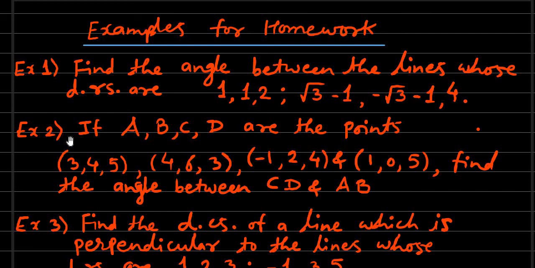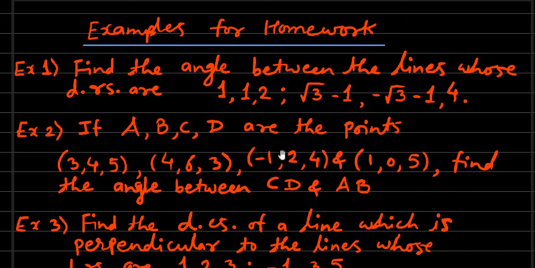Next, the second example is: if A, B, C, D are the points, A is 3, 4, 5, B is 4, 6, 3, C is minus 1, 2, 4 and D is 1, 0, 5, then find the angle between lines CD and AB. Now here CD is the line which joins these 2 points.